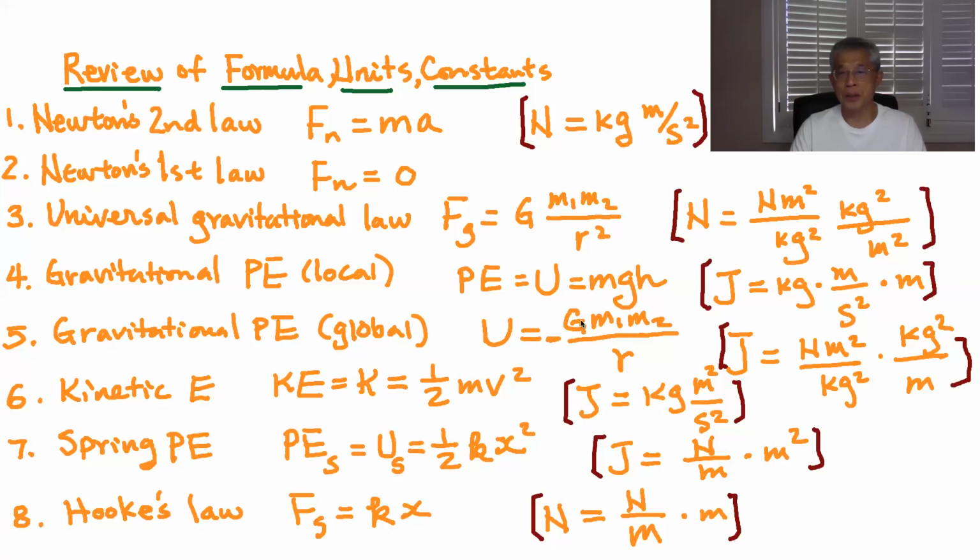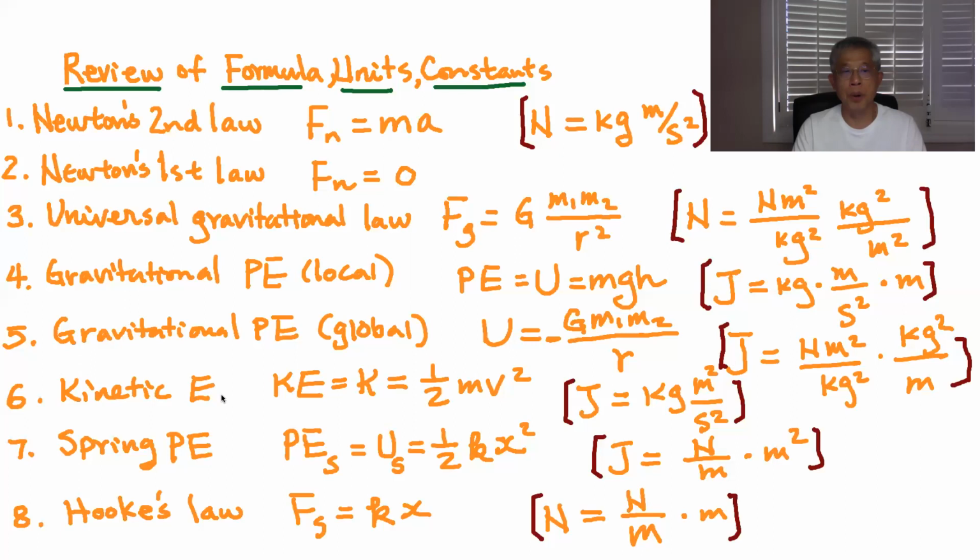G is the constant 6.67 times 10 to the negative 11, the universal gravitational constant. U is in joule, G is in this unit here, m1 m2 is kilogram squared, r is in meter.